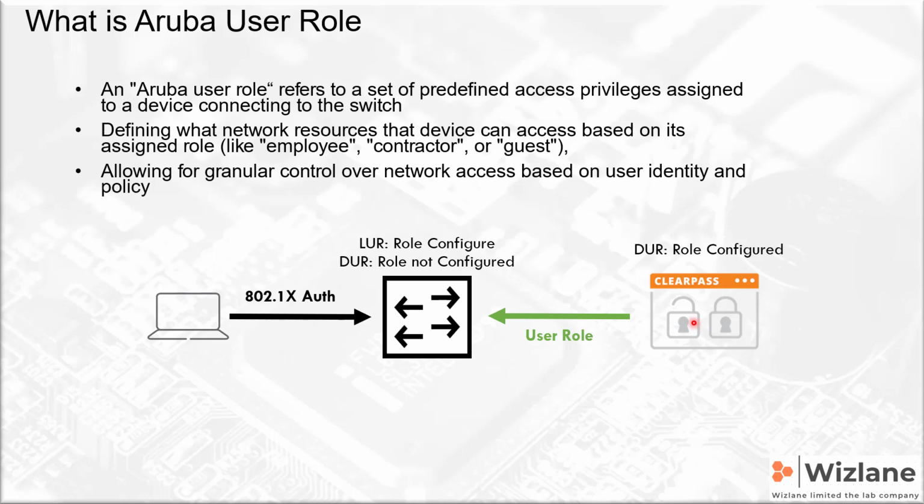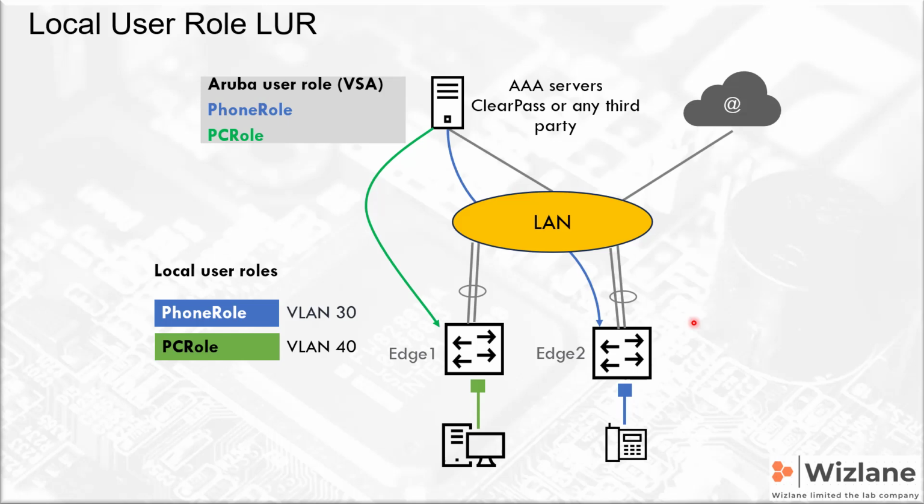Now, if you look into the logical view of what happens here, a device connects to the switch, maybe a PC. Another device connects to the switch, in this case an IP phone. They both authenticate with ClearPass or any third party. Remember, this is a local user role, so we don't specifically need ClearPass.